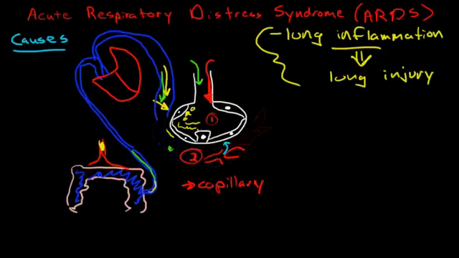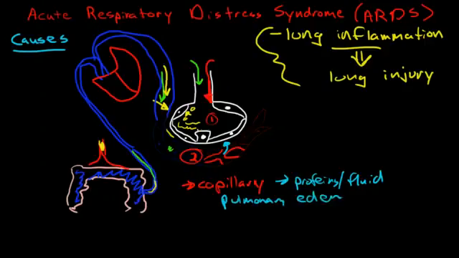Into the basement membrane. So we have proteins, fluids leaking out, so we end up with pulmonary edema. And we're going to end up with vasodilation.